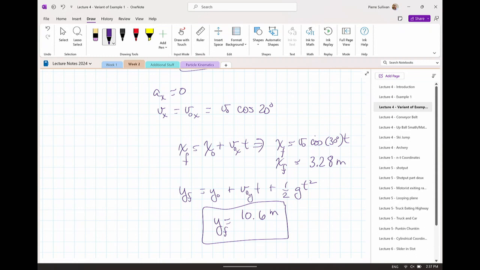And I can calculate from that, and I will obtain that y final is 10.6 meters. So the xy location of the peak is going to be 3.28, comma 10.6.